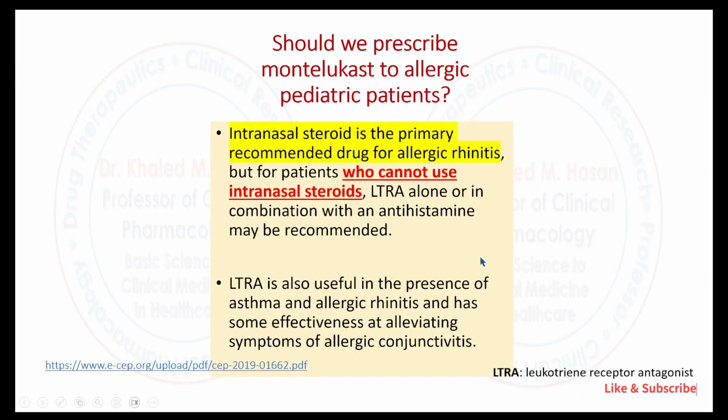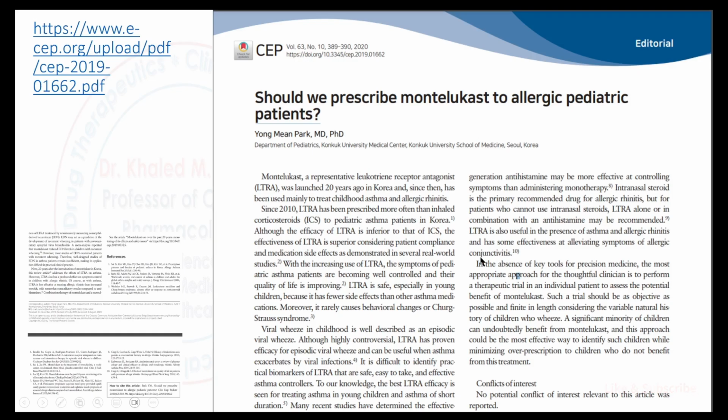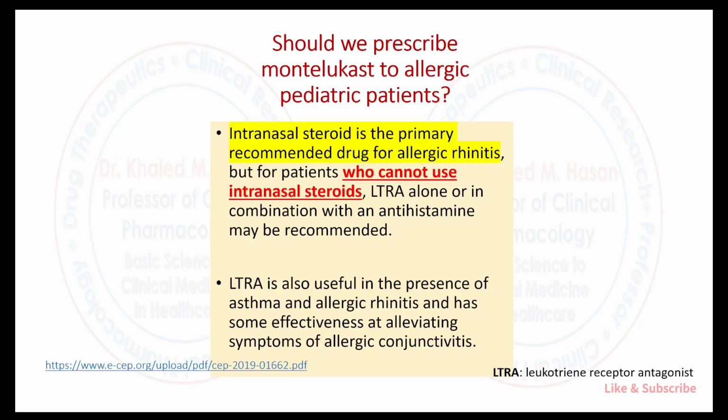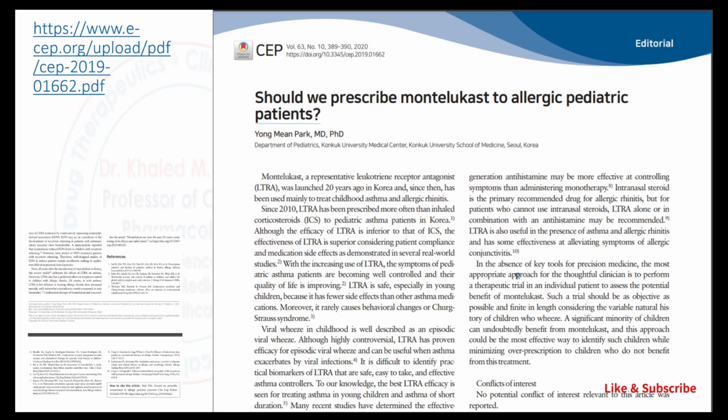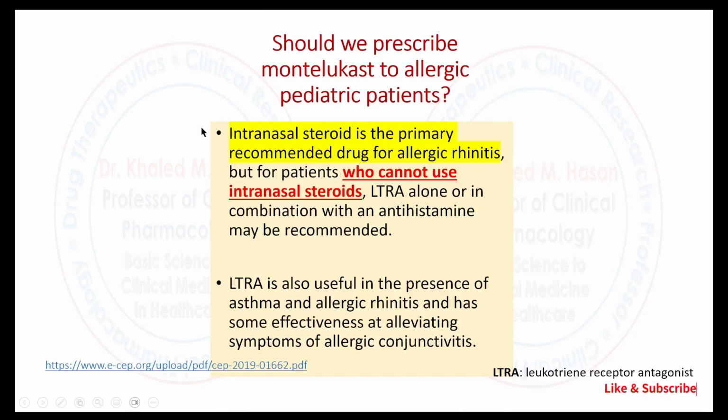Here is some information regarding montelukast. Should we prescribe montelukast to an allergic pediatric patient? This article is a literature review published in 2020. Intranasal steroid is the primary, recommended for allergic rhinitis.